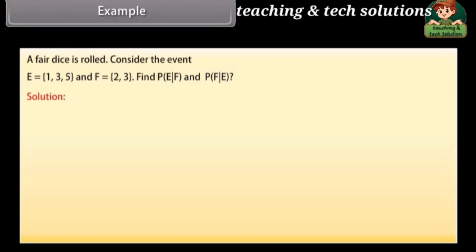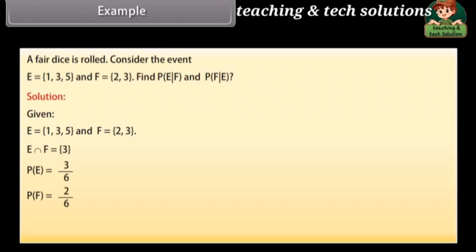Solution: given E is equal to {1, 3, 5} and F is equal to {2, 3}. E intersection F is equal to {3}. Probability of event E is equal to 3 by 6. Probability of event F is equal to 2 by 6. Probability of E intersection F is equal to 1 by 6.